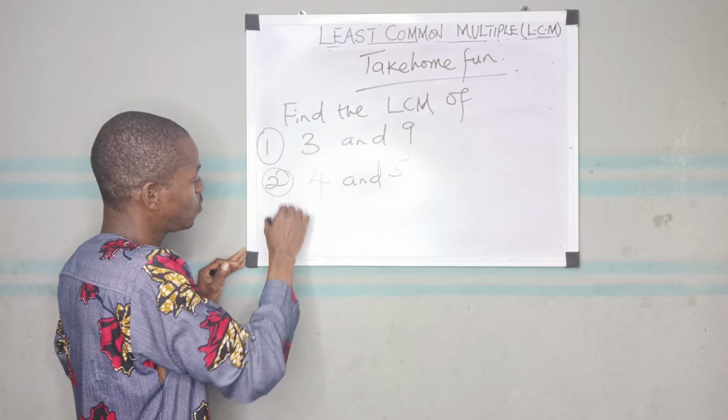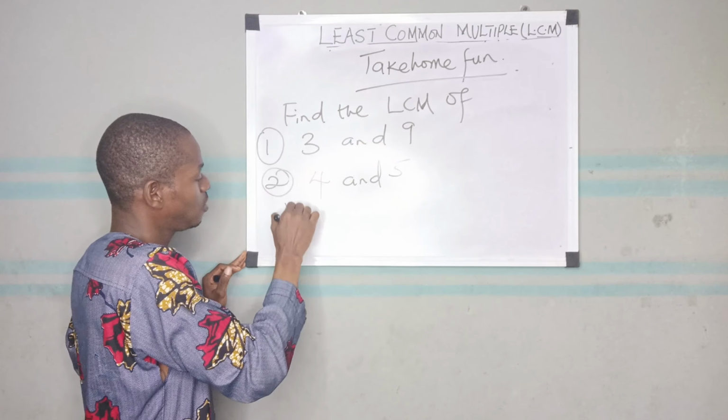Ensure to use the listing multiples method. So find the LCM of 3 and 9, and of 4 and 5.